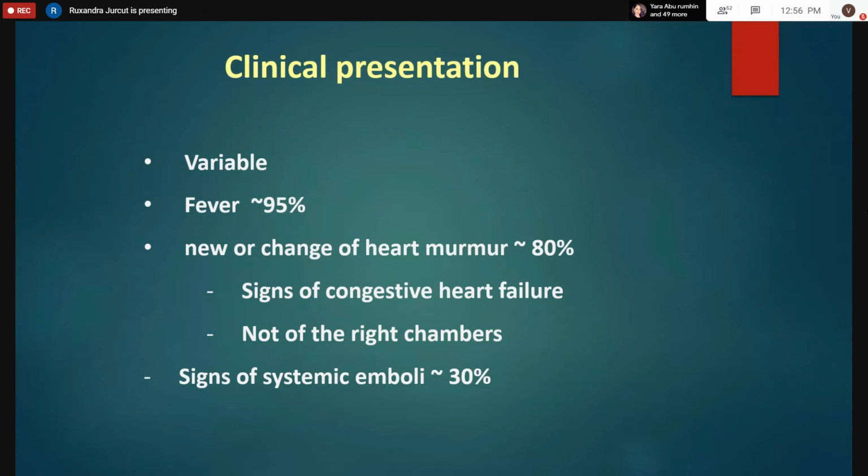If the patient has embolization to the kidney, the signs would be lumbar pain, hematuria, or pyuria, which is pus in the urine, and this could raise the suspicion. If they have an embolus going to the lower limb, they could have signs of acute limb ischemia. The limb becomes cyanotic, very painful, very cold. So you could get the signs of systemic emboli.